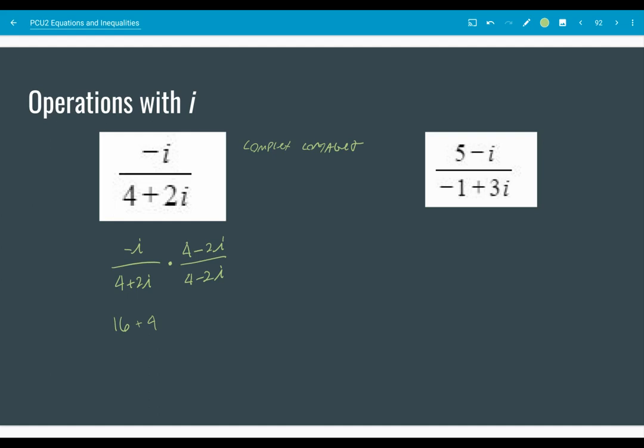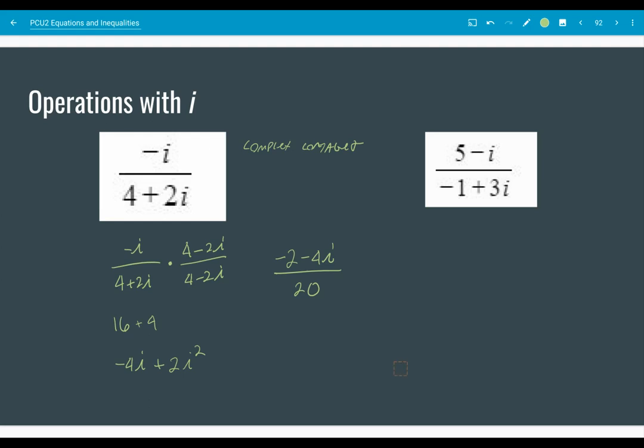And then the numerator, so we have negative 4i plus 2i squared. So we get negative 2 minus 4i, flipped around into standard form, divided by 20. And then we can simplify a little bit.